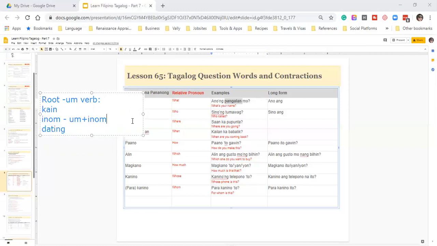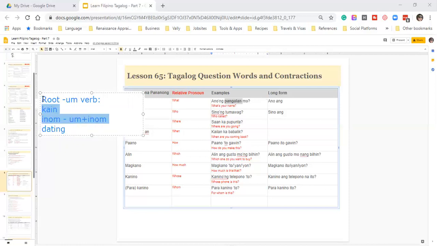Okay, who. The next word is where. Still, remember that lesson with the sa case for dito, diyan, doon? This is the question word that you use to answer with the sa case. It involves again some verb.